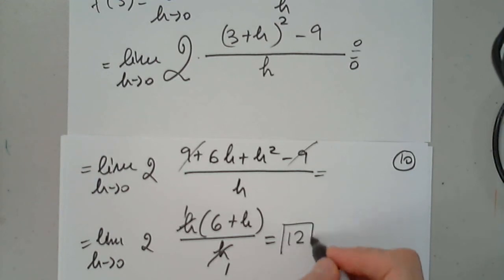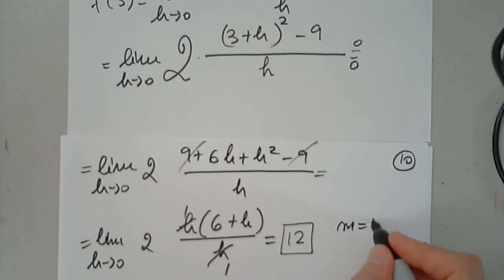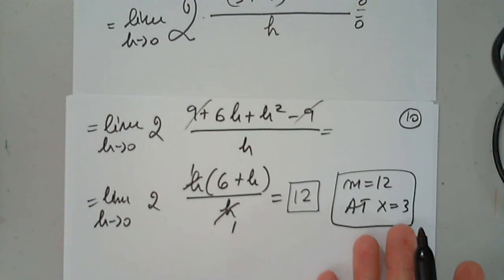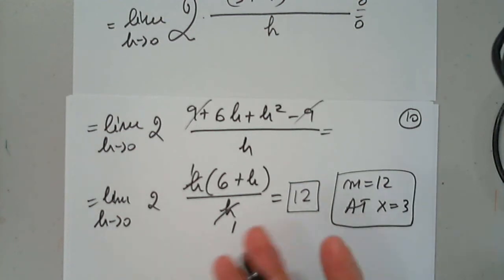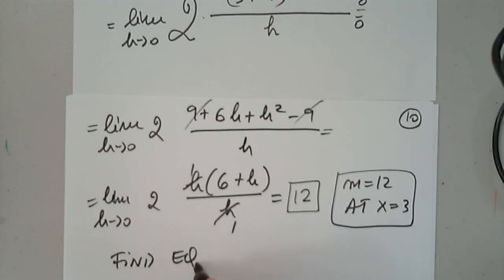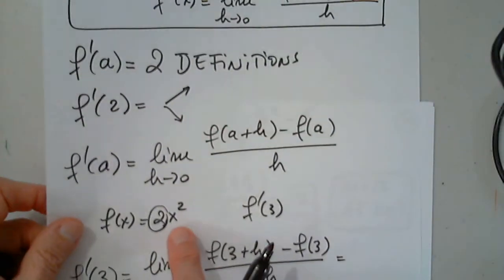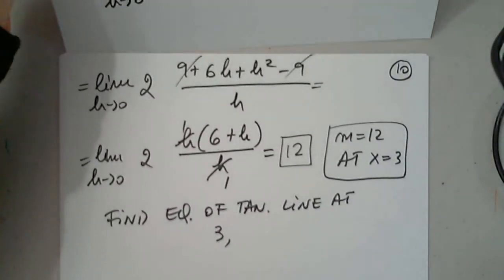So this is the slope of the tangent line at x equals 3. If I'm asked, for example, now to find the equation of the tangent line at 3, 9 times 2, 18.